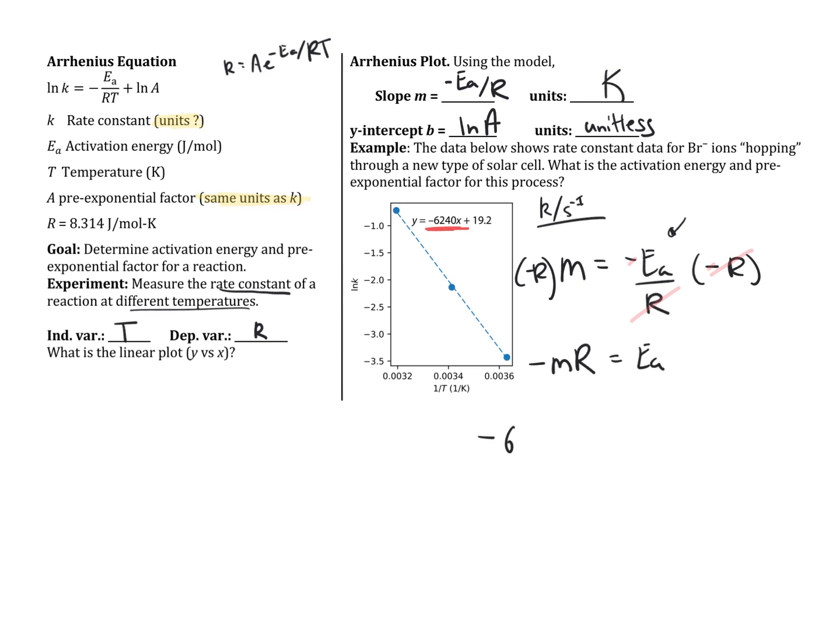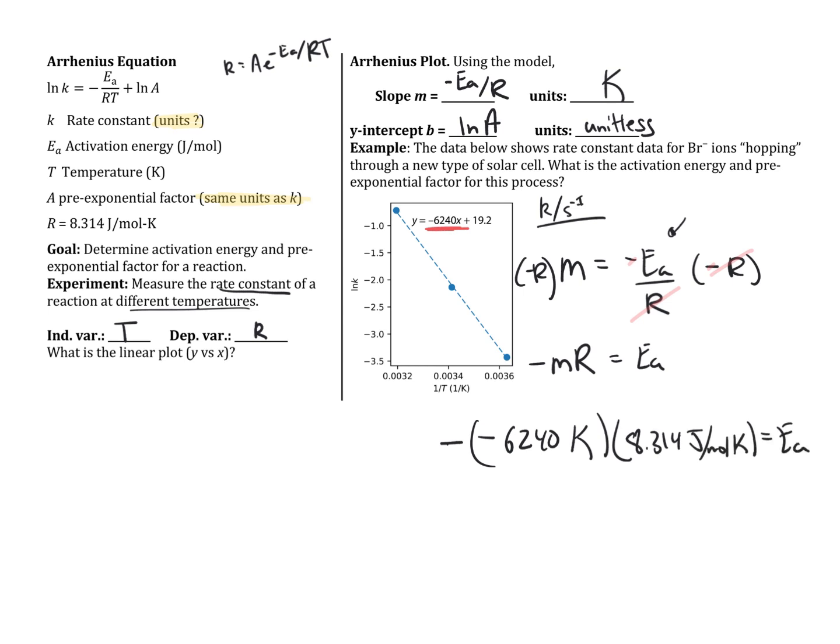Negative m is 6240. Again, Excel doesn't give us a unit there, but I know the units there are Kelvin from the units on the graph. And then m is negative 6240. Then there's another negative out front, and R is 8.314 joules per mole Kelvin.